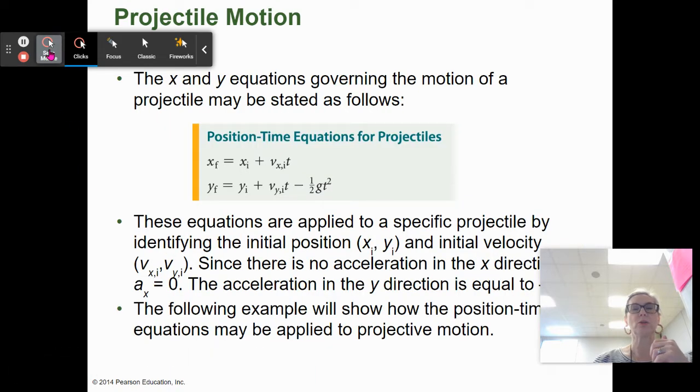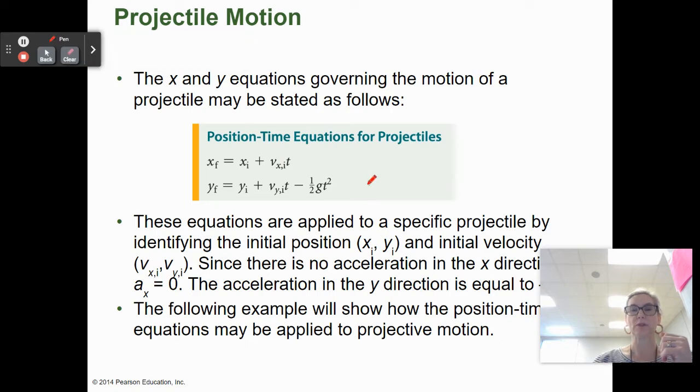All right, so here are the equations that we had in chapter 3 that we've adjusted now for parabolas. Remember, since we have two motions, an x motion and a y motion, we have to include two equations. Okay, so this is our equation for the final position in the x direction, and this is the final position in the y direction.